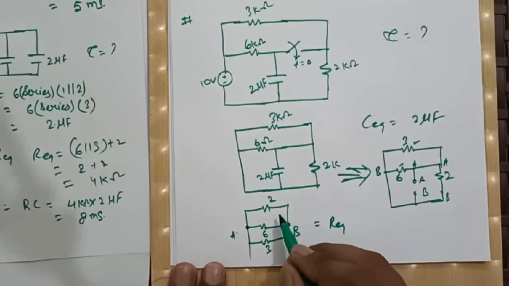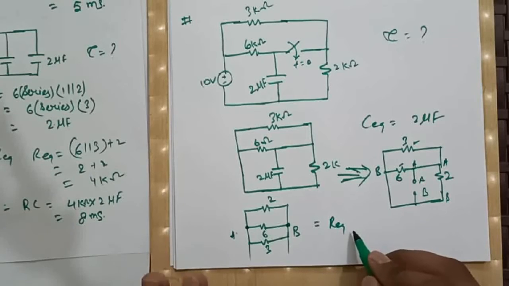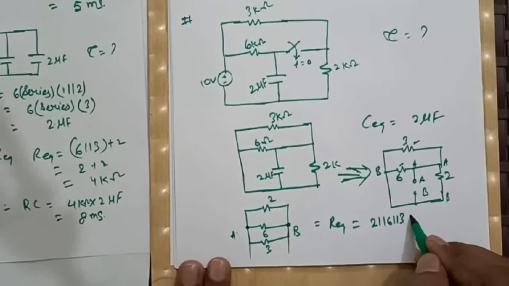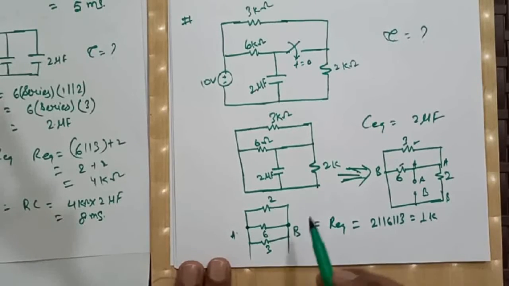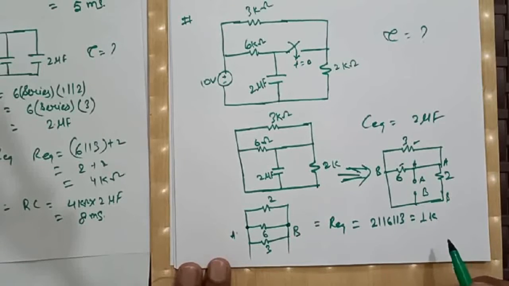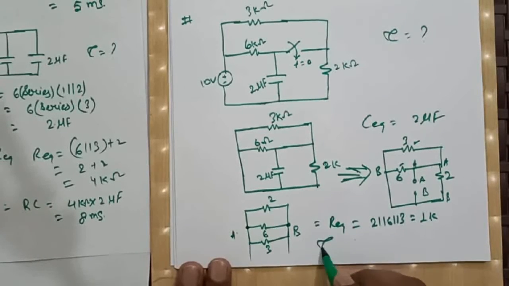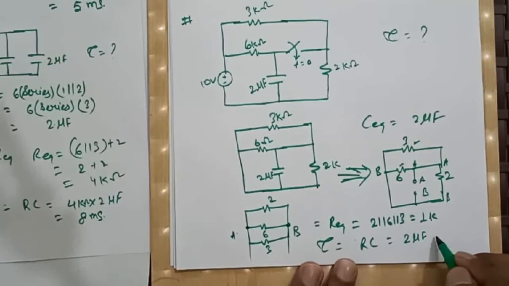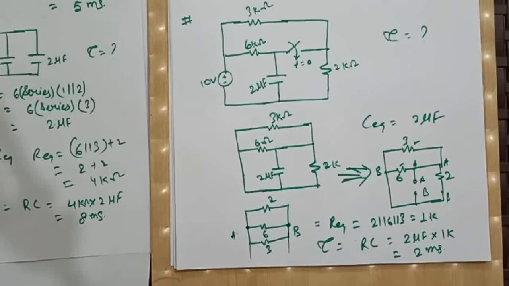R equivalent will be the parallel combination of these three. R equivalent is equal to 2 parallel to 6 parallel to 3, which is nothing but 1K, since all resistors were in K. 6 parallel to 3 gives 2, 2 parallel to 2 gives 1. So the time constant will be RC, and it will become 2 microfarad into 1K, which is 2 milliseconds. This question was asked in the GATE exam for 1 mark.